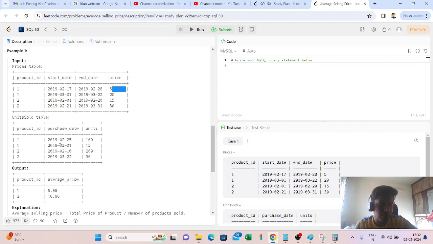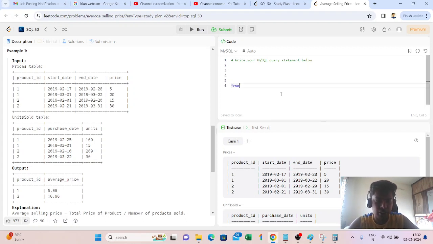The second date is 301, which is between this, meaning 15 belongs to the price of 20. So basically, we would be using a between clause where purchase date is between start date and end date. Likewise, we would be handling both of these entries. Now let us jump to the code section and code this.